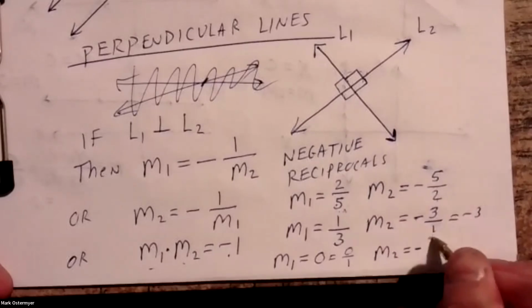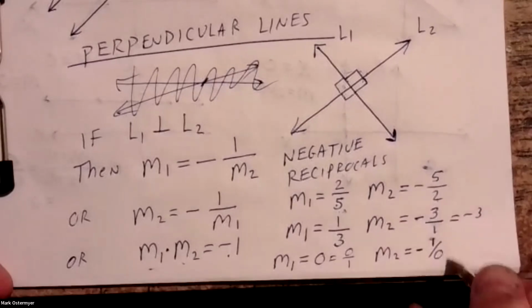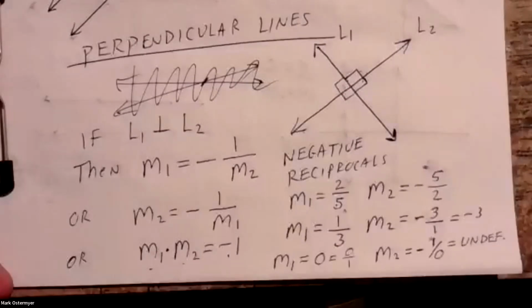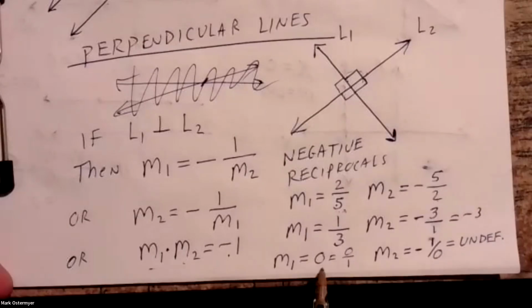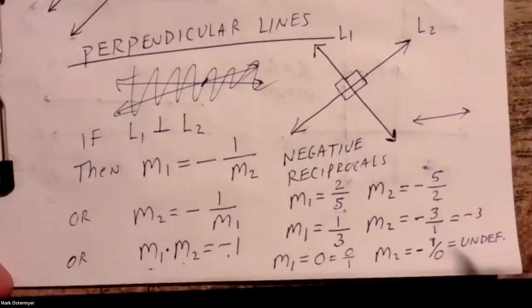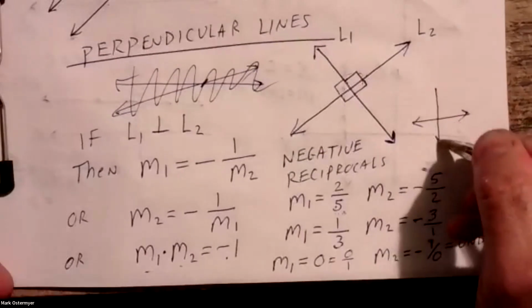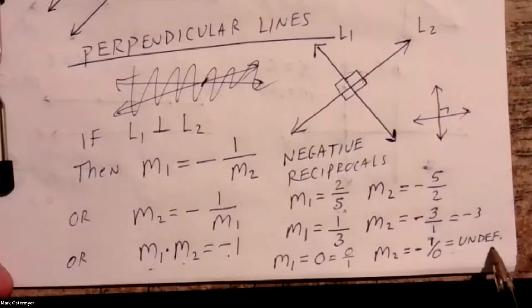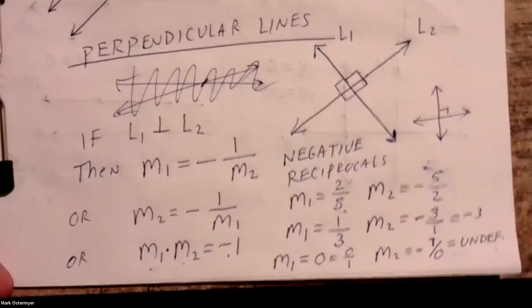Well, that would be -1 over 0. But -1 over 0 is called what? Undefined. And that makes sense, because if the slope of a line is 0, that's a horizontal line. And to be perpendicular to a horizontal line, our line must be vertical. Well, what's the slope of a vertical line? Oh, it has to be undefined, because we said that before. Okay, is this making any sense here?